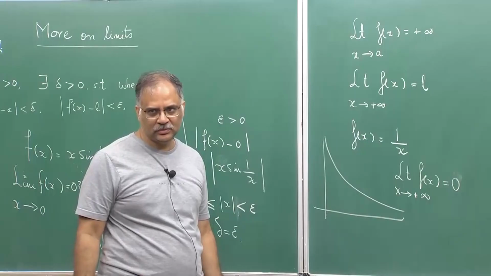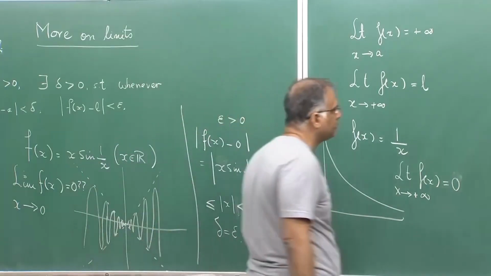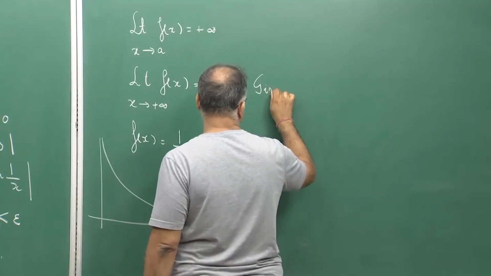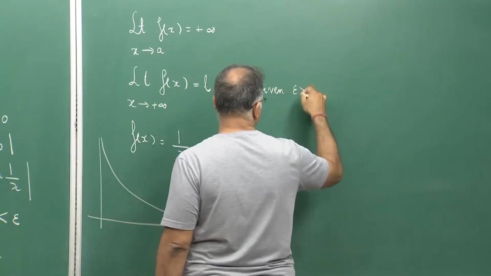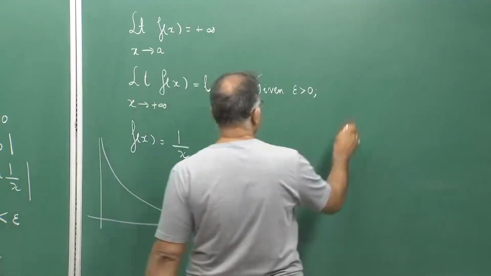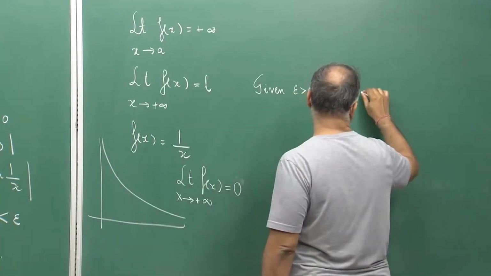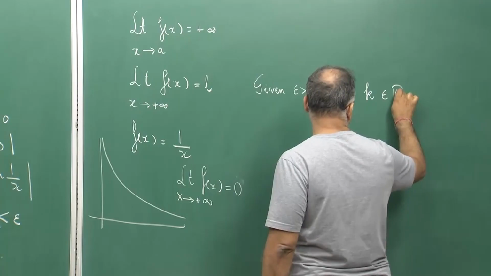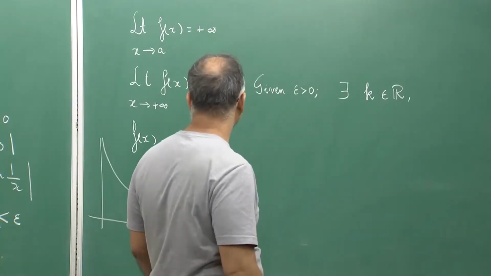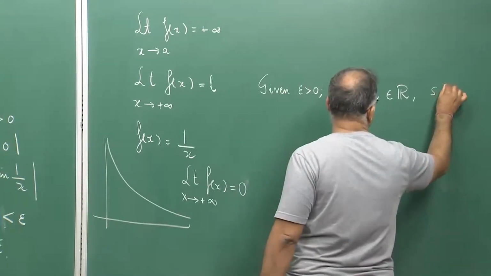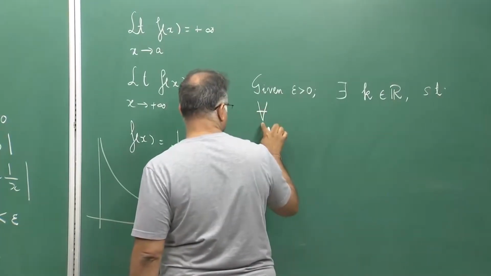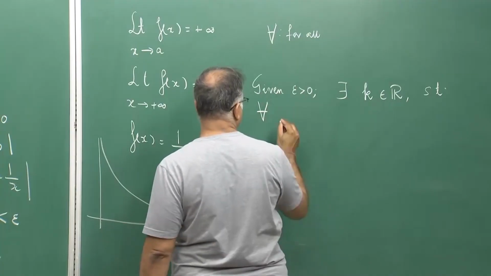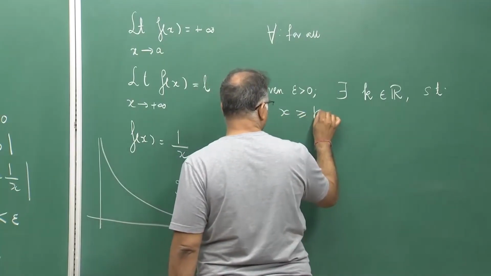What is the meaning of this? It says, given epsilon greater than 0, no matter how small, there exists a real number k, an element of R, such that for all x, this is the symbol of for all, a standard mathematical symbol, which is bigger than or equal to k.